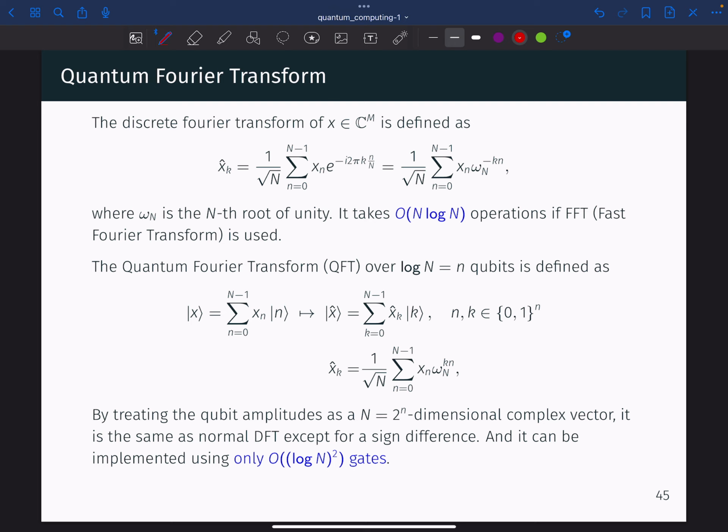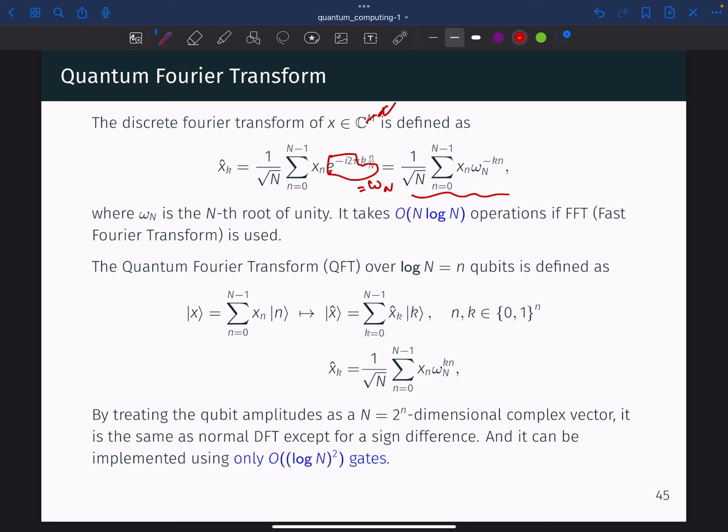This is the classical discrete Fourier transform on C^n. This is the usual definition, and you can simplify it by writing the nth root of unity, omega_n. It's well known that if you do FFT, it takes n log n operations.